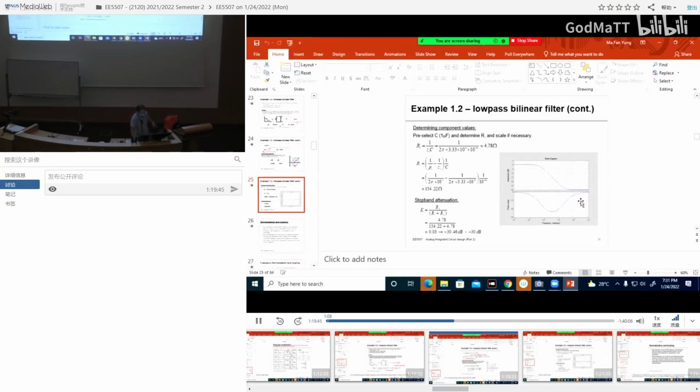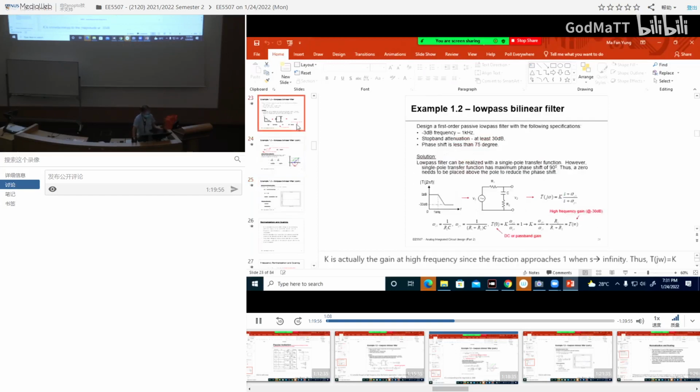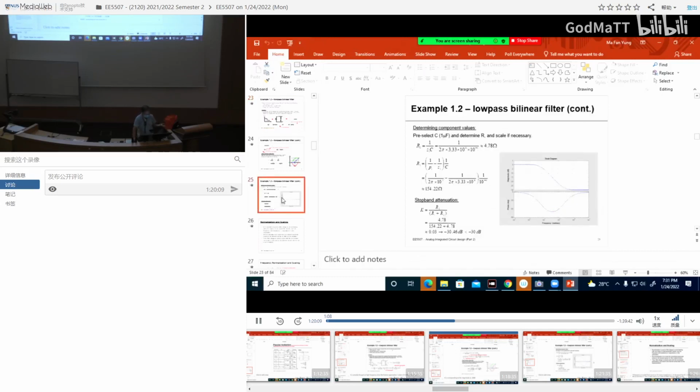Once we know all this, we have to choose the different component values. Because to implement this transfer function, we have three components: two resistors and one capacitor. So what should be the value of this capacitor and resistor?